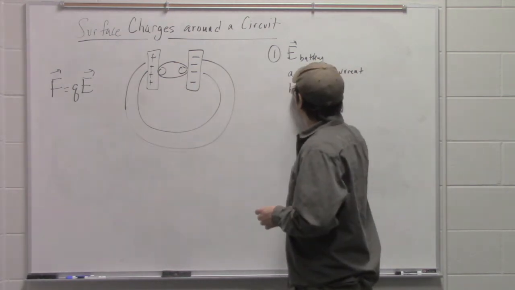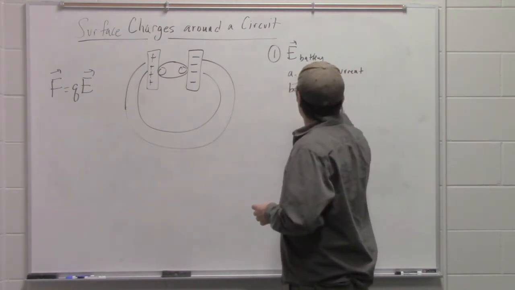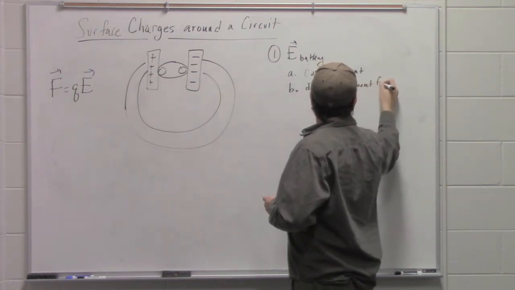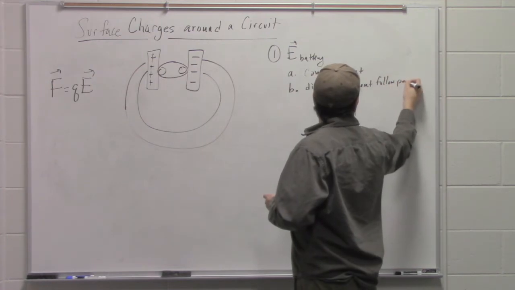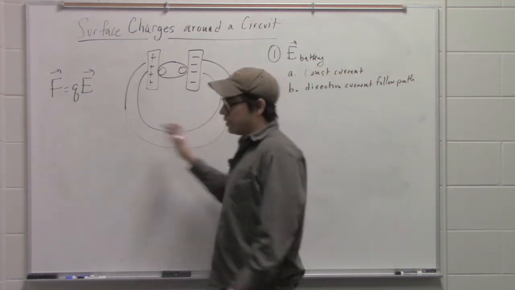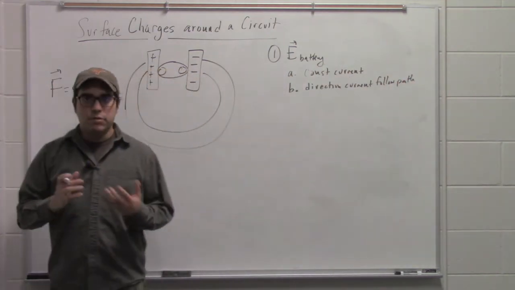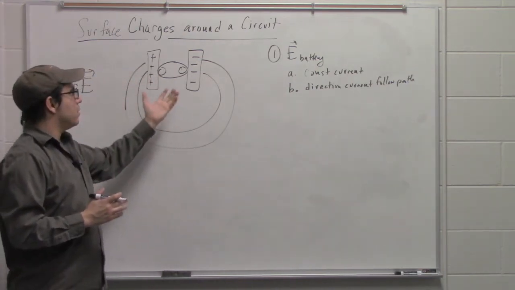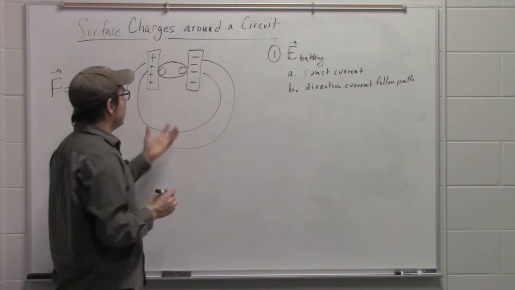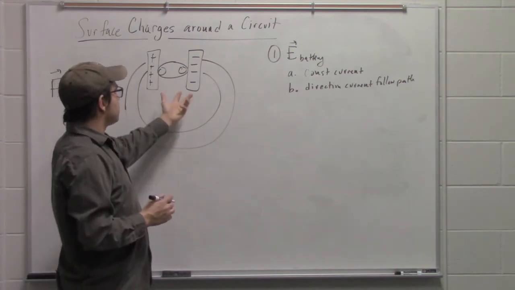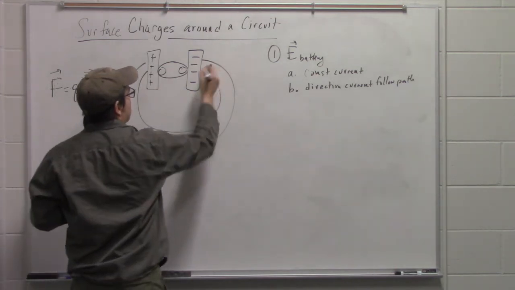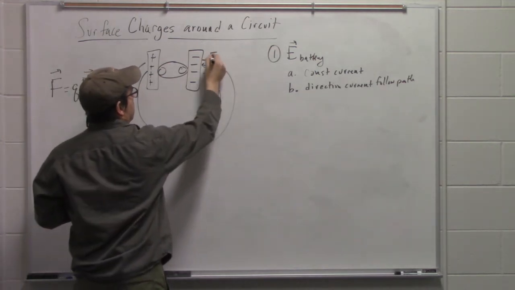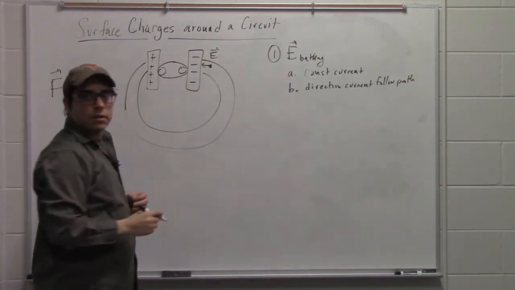The other thing is that we would expect the direction of the current to follow the path of the circuit, basically how the circuit is actually laid out. So those two observations we expect to be able to reproduce with this picture. If we look at the battery itself, on this side of it, the electric field is going to point towards the negative plate. That seems okay, right?